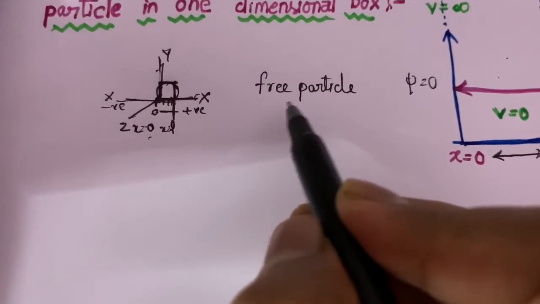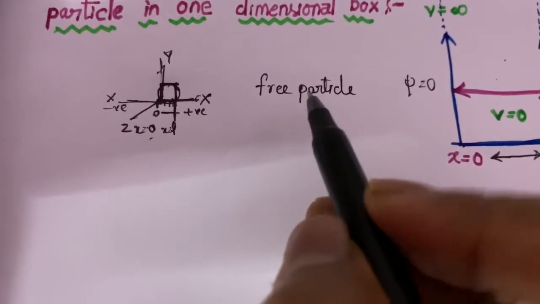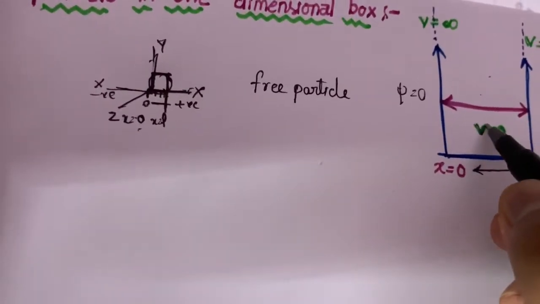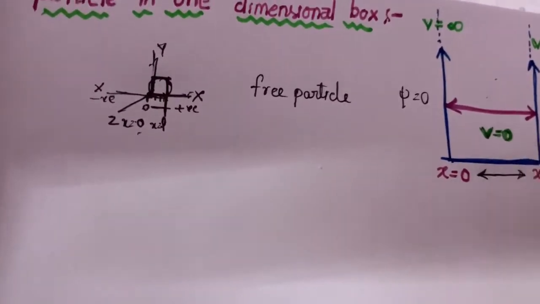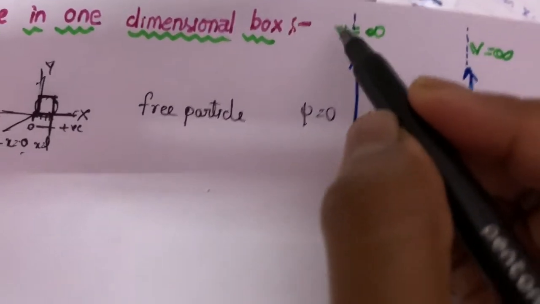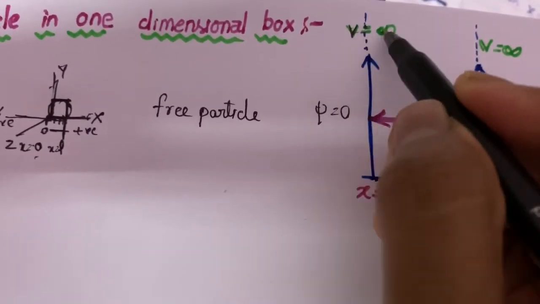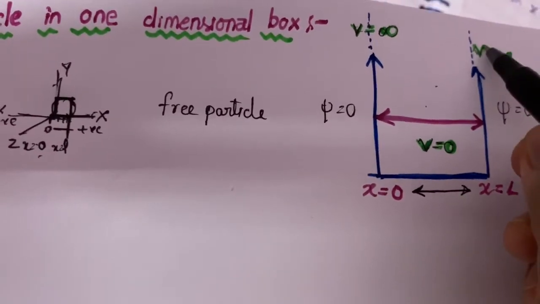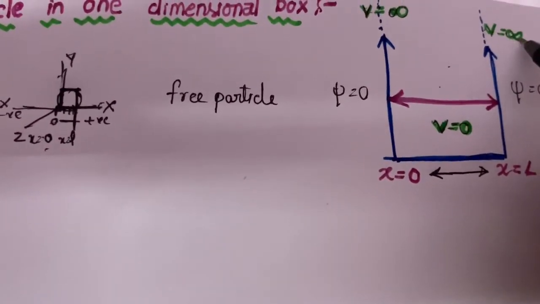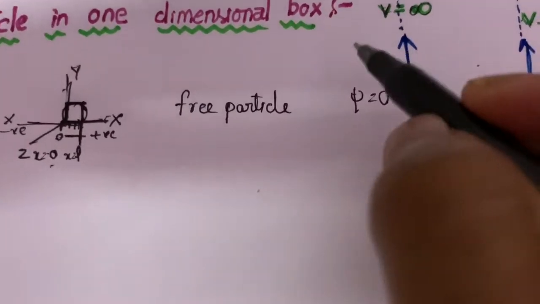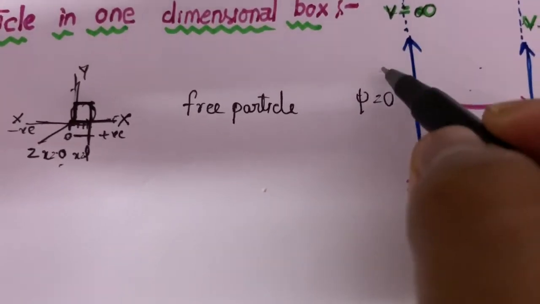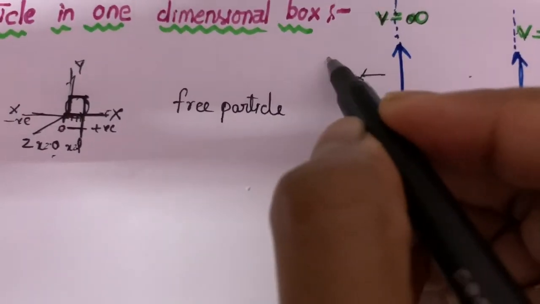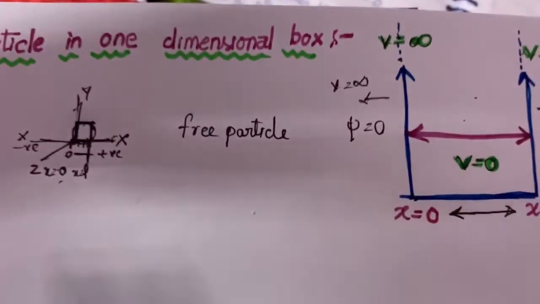As it is a single particle, no force will act upon it, so the potential energy inside the box becomes 0. Along the walls, we cannot predict the potential energy, so it becomes infinite, because there will be a lot of particles, and as the walls are infinitely high, the particle will never escape from inside the box. Outside the box also a lot of particles may be present, so outside the box the potential energy also becomes infinite.